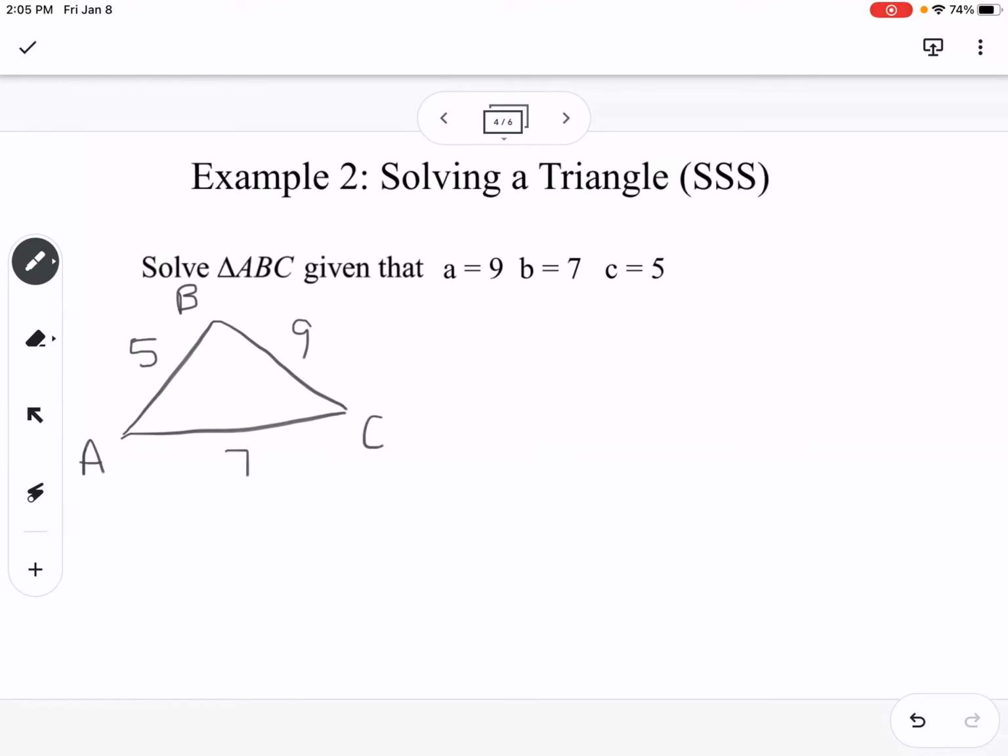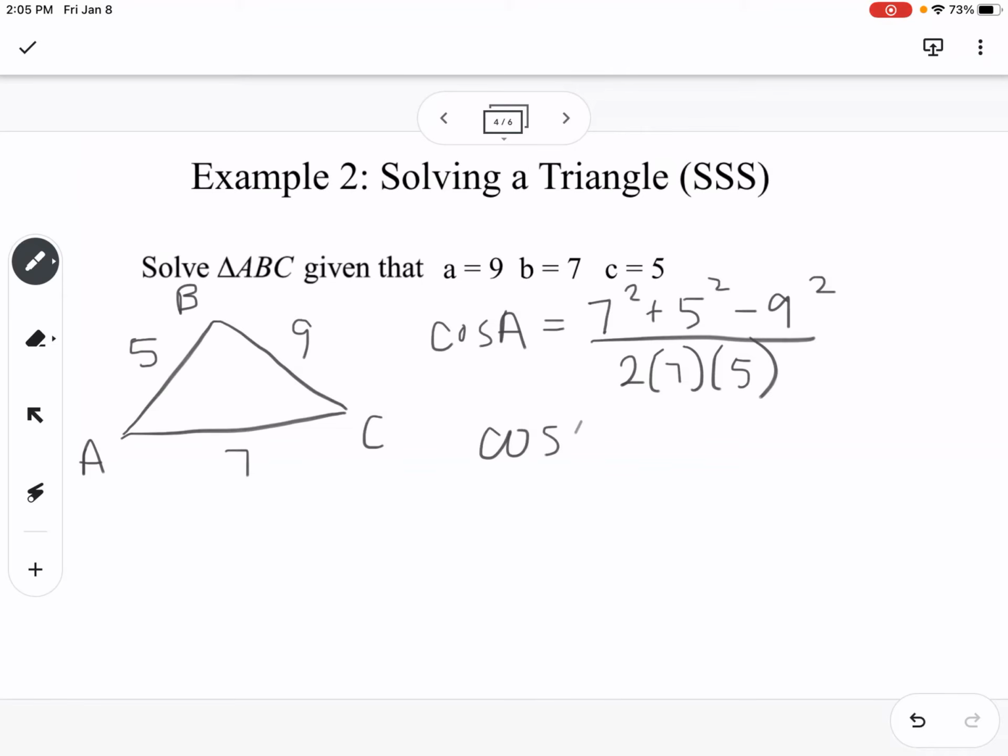When you are trying to find an angle, always start with the biggest angle, and you'd find the biggest angle by looking at which is the biggest side. The biggest side here is A, so I'm going to find angle A to start with. Cosine of A would be 7 squared plus 5 squared minus 9 squared over 2 times 7 times 5.